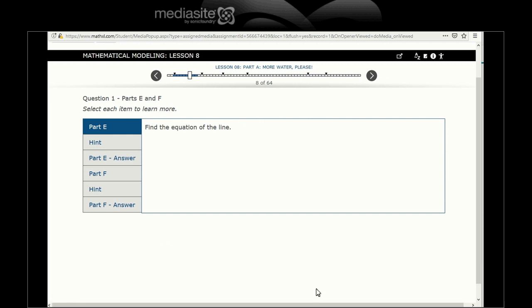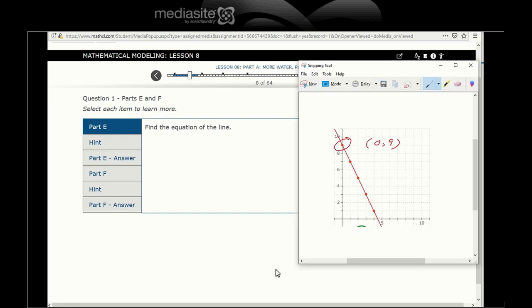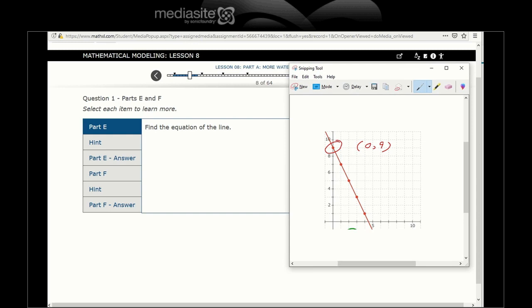Find the equation of the line. Okay, recall y equals mx plus b. We stated earlier the slope was -2.